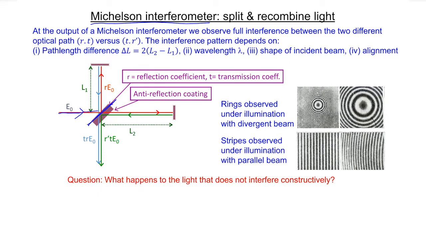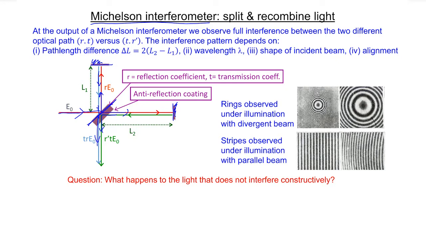A beam splitter is a device which reflects part of the light and transmits part of the light, typically in a 50-50 ratio, but not necessarily so. And in a Michelson interferometer, each of these beams hits a mirror, gets reflected back, hits the beam splitter again, and part of that light is transmitted or reflected.